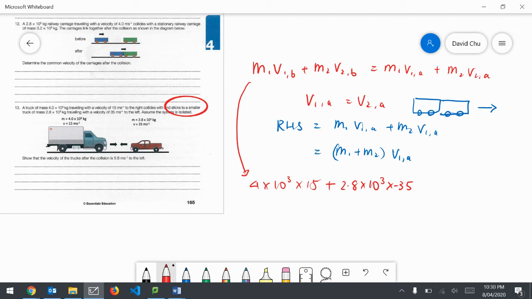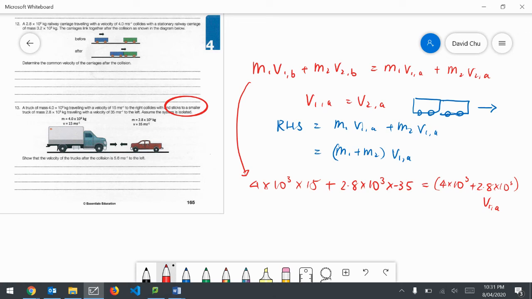Yeah, okay, and all of that will equal 4 times 10 to the power 3 plus 2.8 times 10 to the power 3, all multiplied by a shared velocity. Okay, so do the maths.